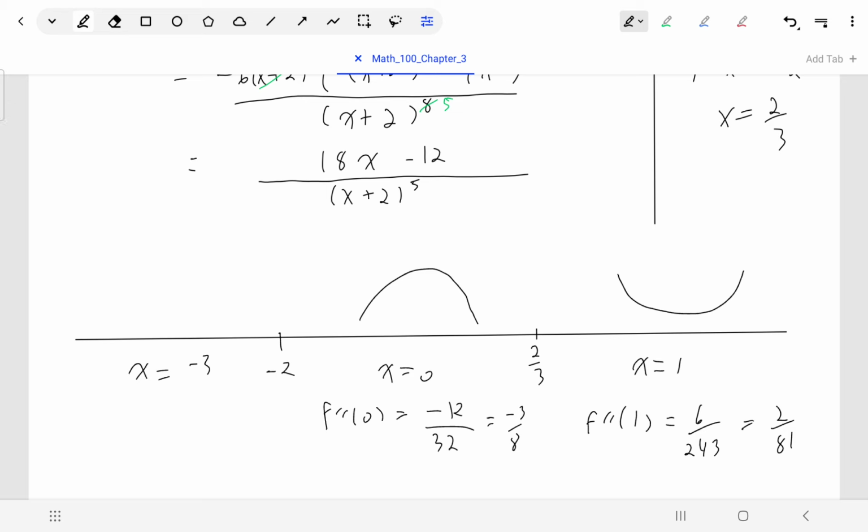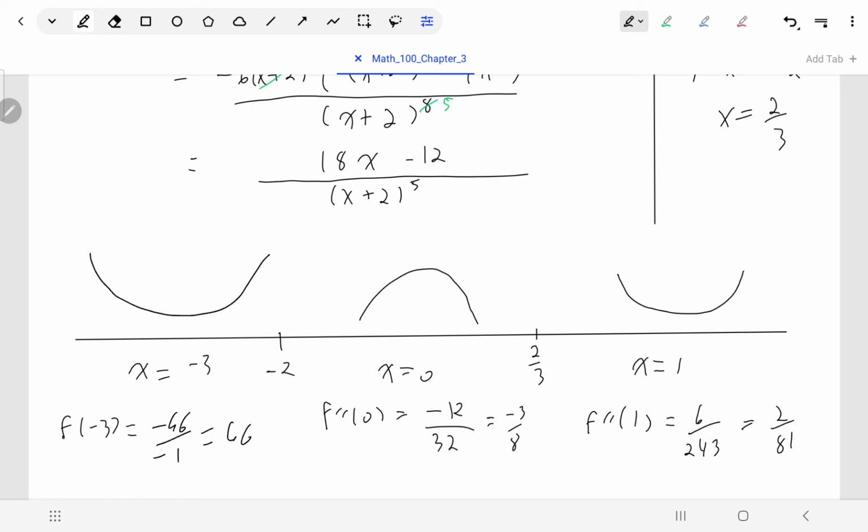And then for -3, I have for the numerator 18 times negative 3 minus 12, which gives me negative 66 on the top. And in the denominator, I'd have negative 1 to the 5, which is negative 1. So I'd get positive 66.